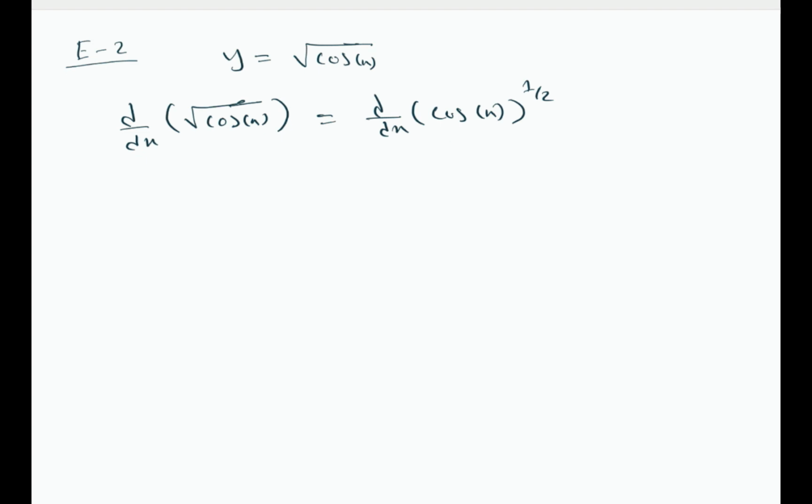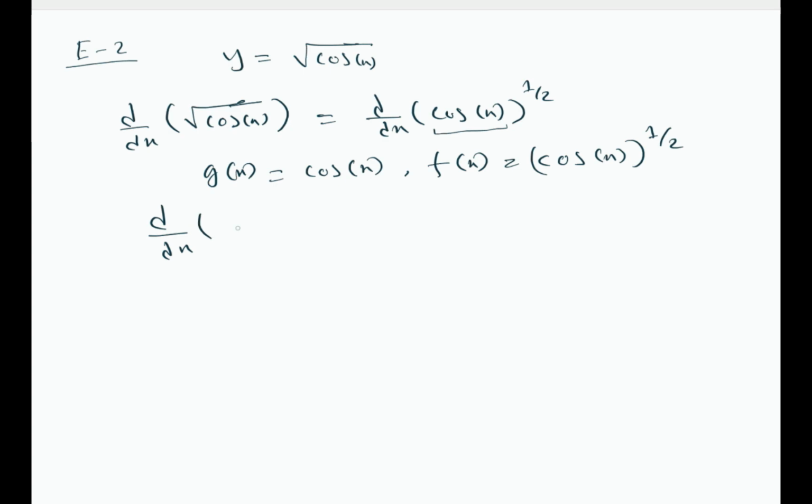So what is our inner function? See, this is our base, so this inner function g of x is equal to cos of x, and our outer function f of x is equal to the original function, (cos of x) all to the power half.